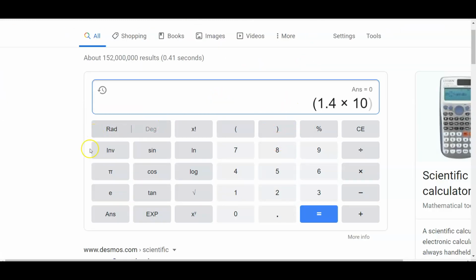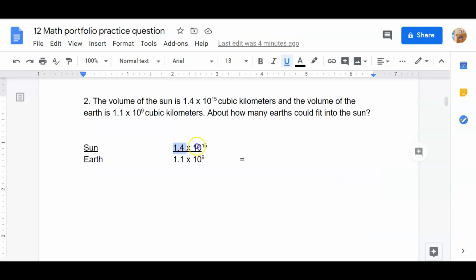On this calculator here, the way you get the exponent into the corner is you hit this button here, the one with the X and the Y in the corner. So hit that, and then you see how that box pops up right here to the 15th power. And then after that, I want you to close the parentheses because we got that written down. But we need to finish the problem.